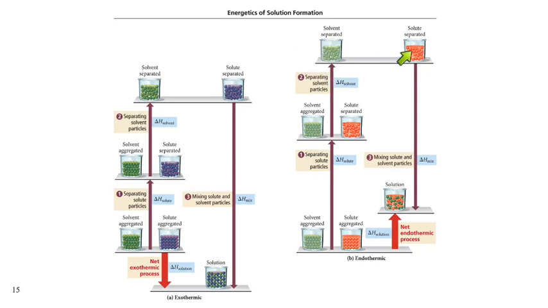Then when we mix those two together, energy is released. In this case, though, the energy being released is not as great as the sum of the energy that had to be put in. So the overall change is endothermic. Energy must come in. Any questions?